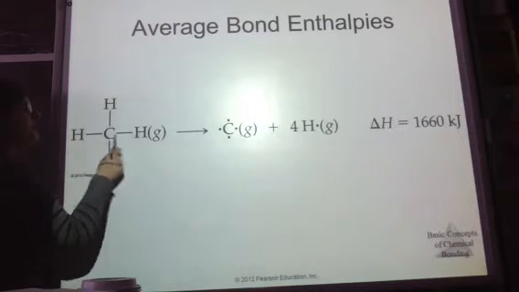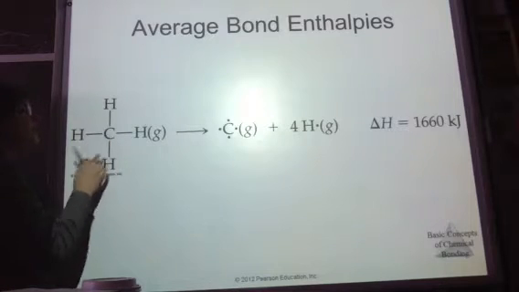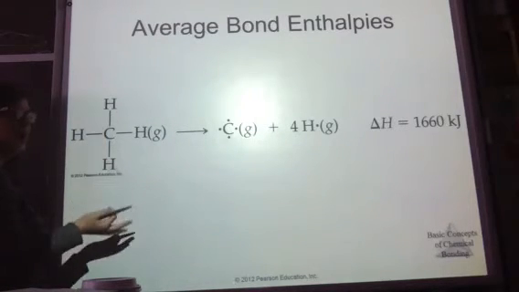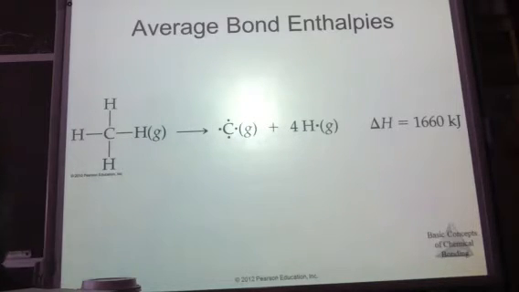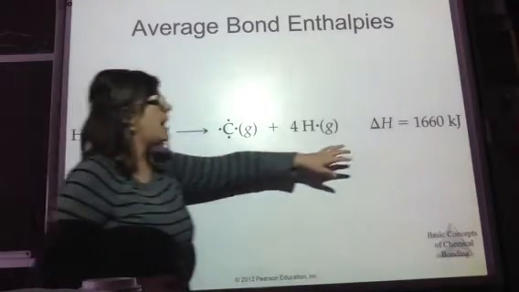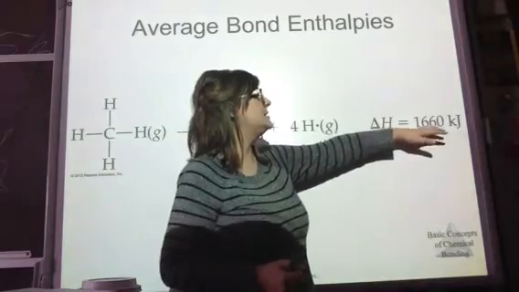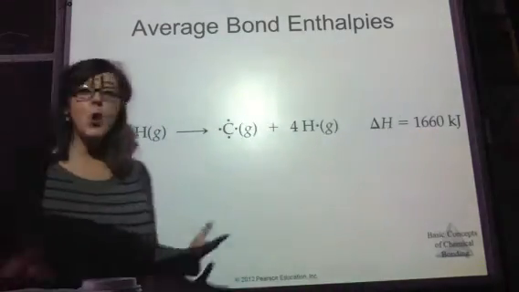Well, I have a carbon-hydrogen bond here, one here, one here, and one here. So I have 4 carbon-hydrogen bonds, and all of them are equivalent. They're all carbon-hydrogen bonds. And to break apart all 4 of those bonds, I know that the bond enthalpy is going to be 1660 kilojoules. Now, that's for all 4 bonds.